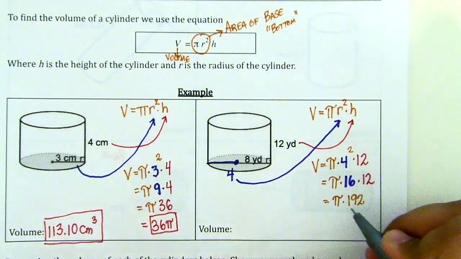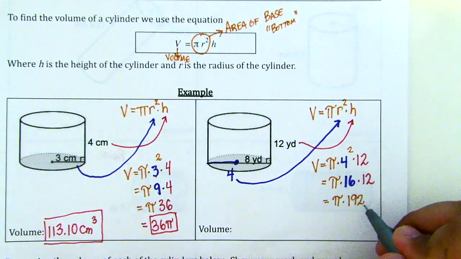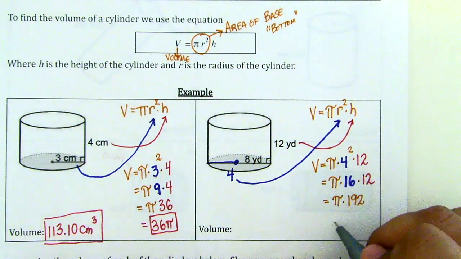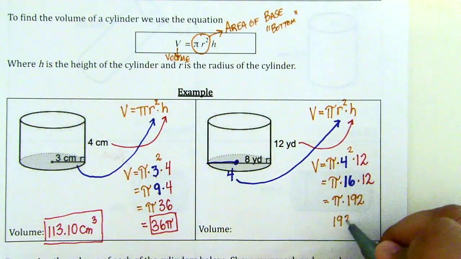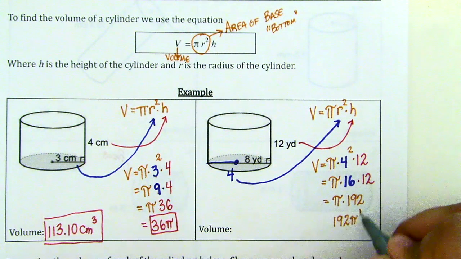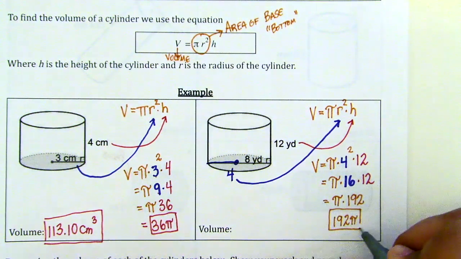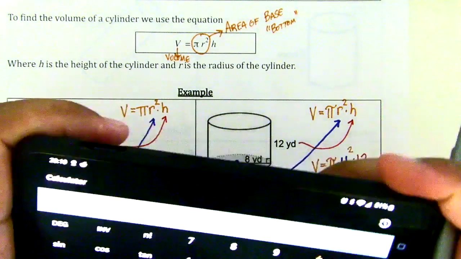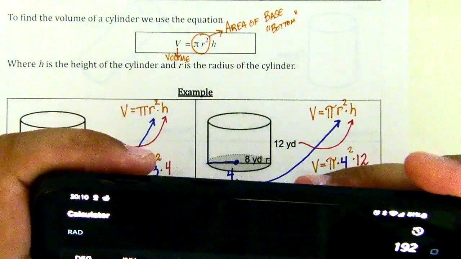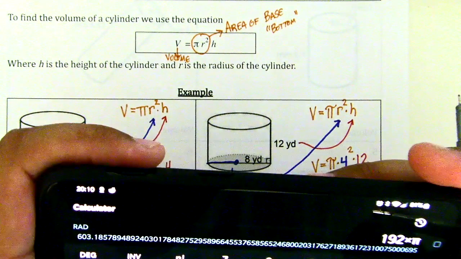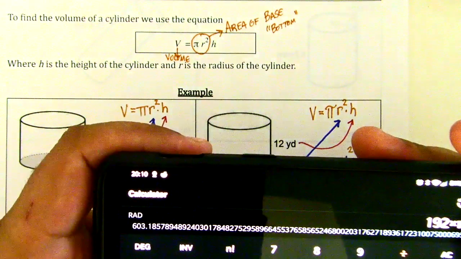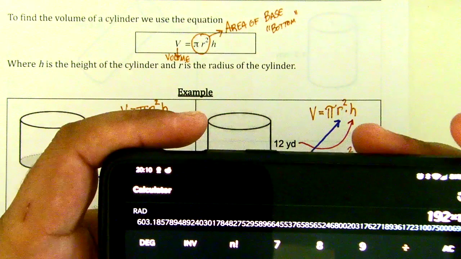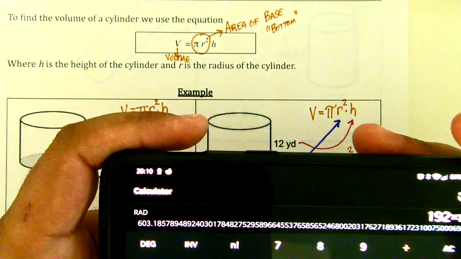Right, now at this point, you can multiply pi times 192. I'm also just going to write it as 192 pi. And now I'm going to multiply it out. So 192 multiplied by pi gives us 603.19. Again, being careful to round to 2 decimal places.